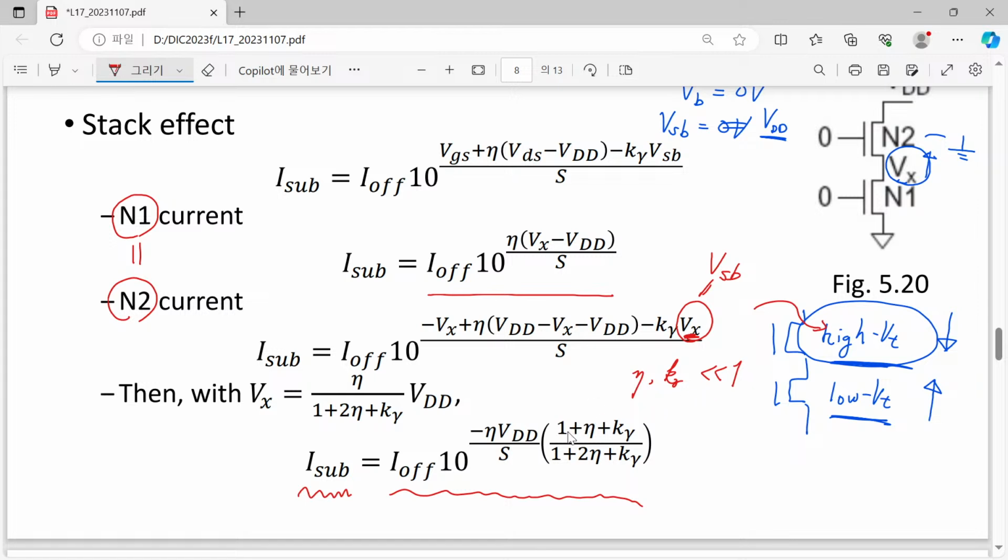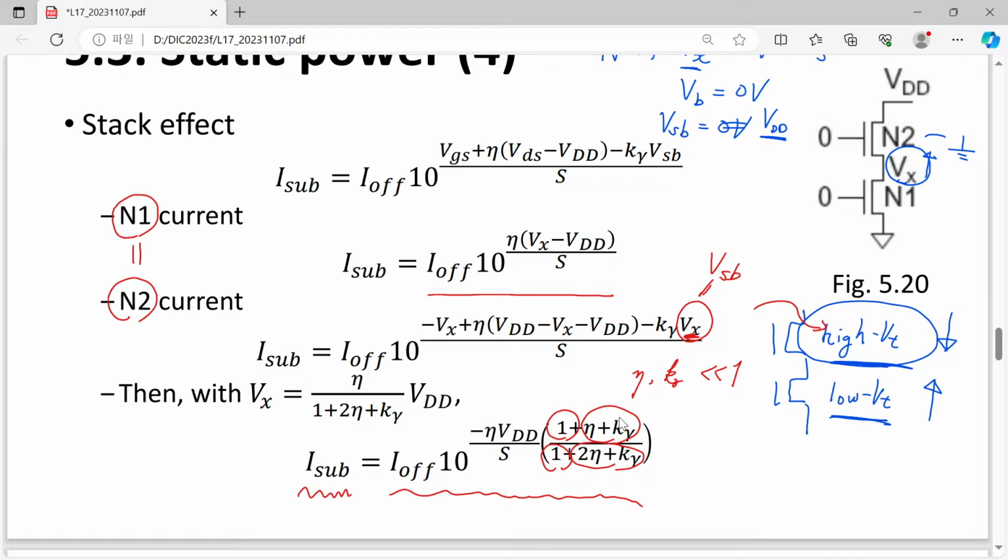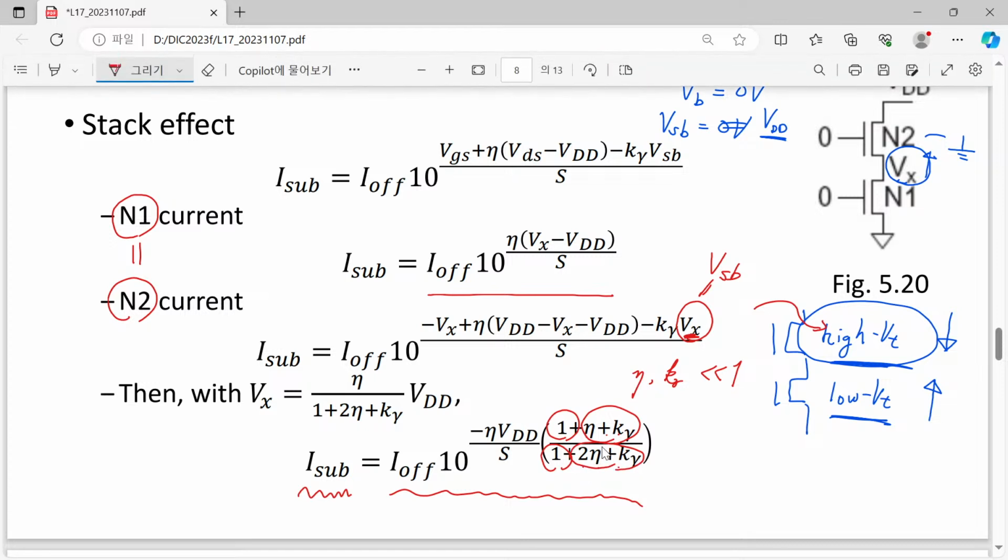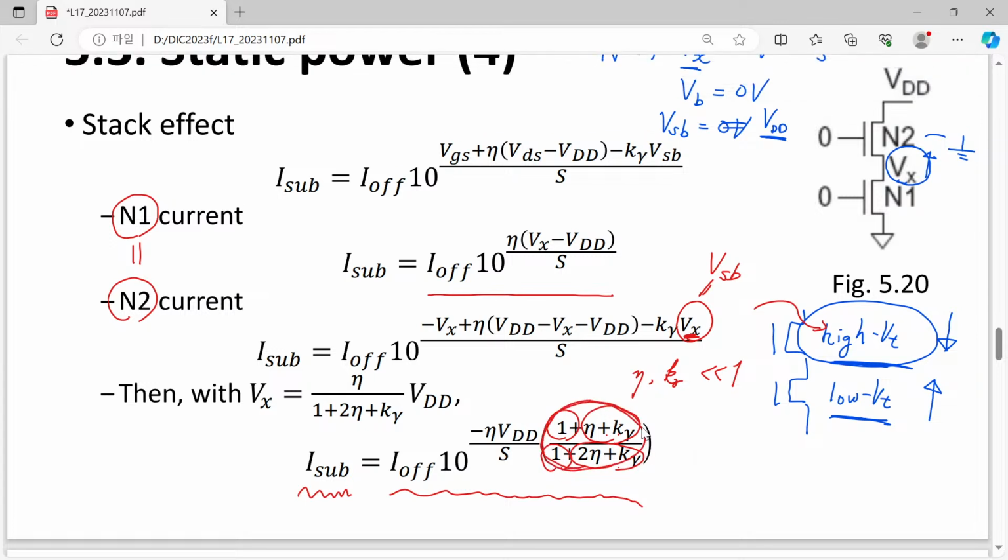So simply speaking, starting from this 1, they become a relatively small contribution, and in this upper part we have eta plus k, and here we have 2 eta times k. If eta is not that high, then overall this factor becomes quite close to 1.